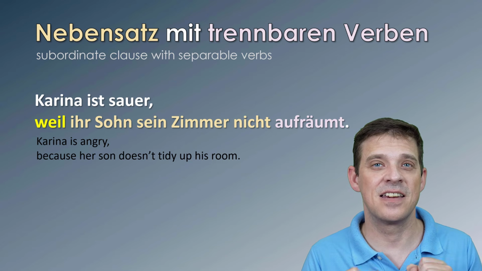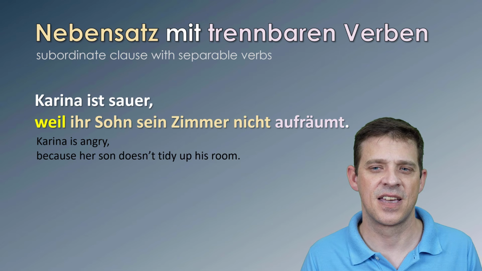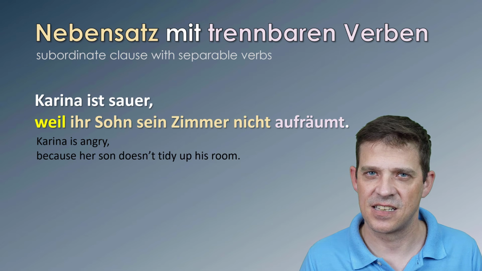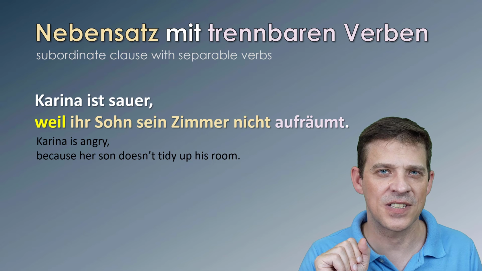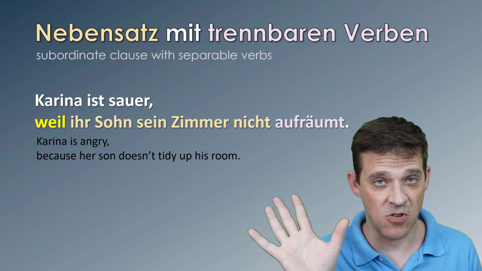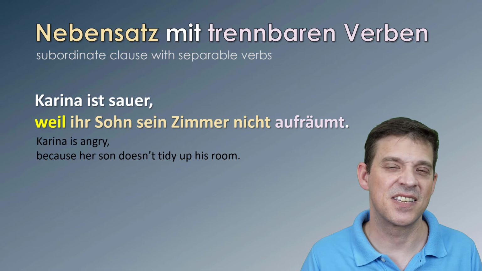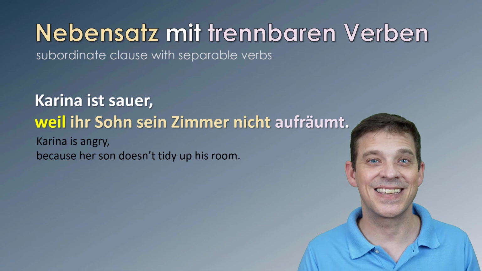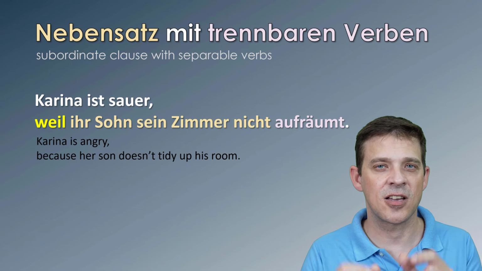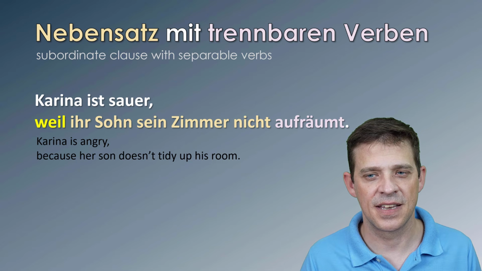Aufräumen ist ein trennbares Verb. But you see here, if it's in a subordinate clause, it's at the end, that's clear now. But it's not separated. Separable verbs are not separated in Nebensätzen, only in subordinate clauses.